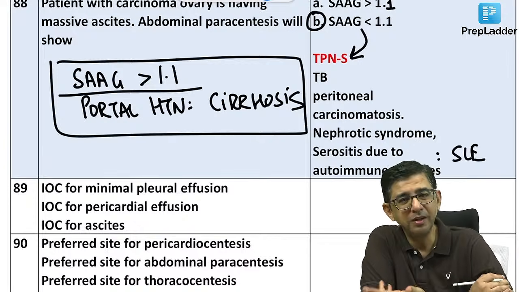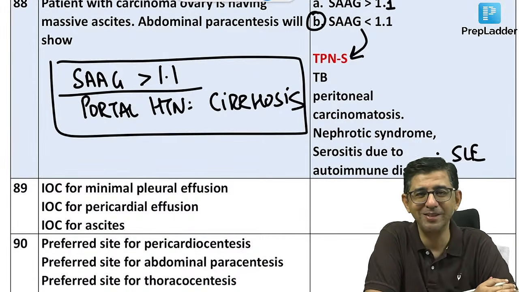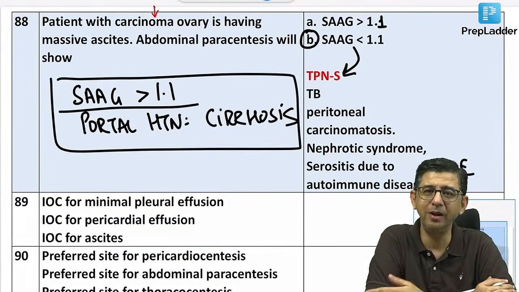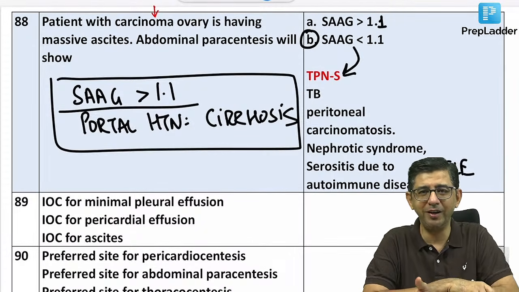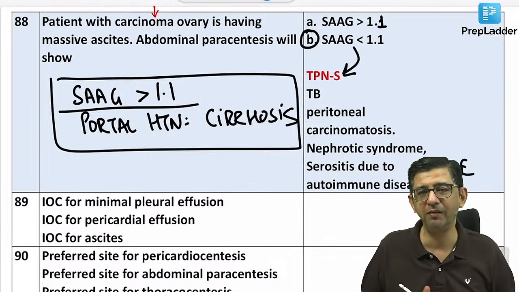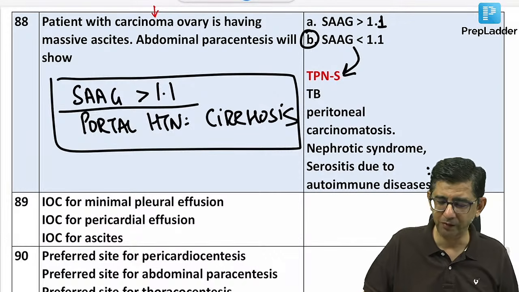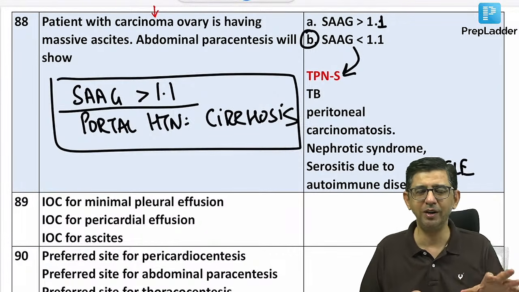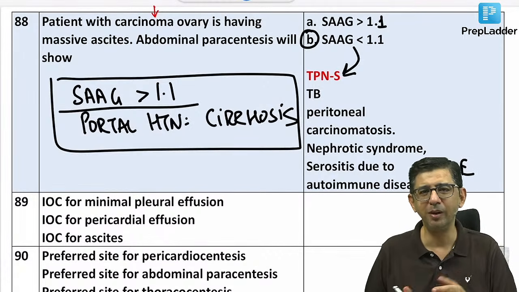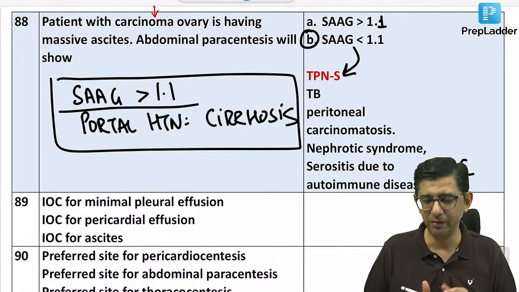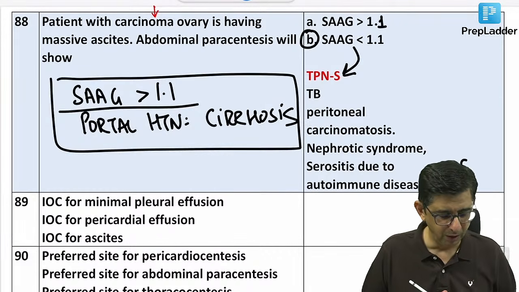Dr. Gitanjali, SAG values are always asked in the exam, so always a learning point, right? TPN is a quick learning point for you. In 30 seconds, I made you remember SAG values, which are an integral component of any exam. In India, in OPD, you see pleural effusion and ascites patients, so they ask questions on the same. It doesn't matter what type of exam, I think this would be useful.